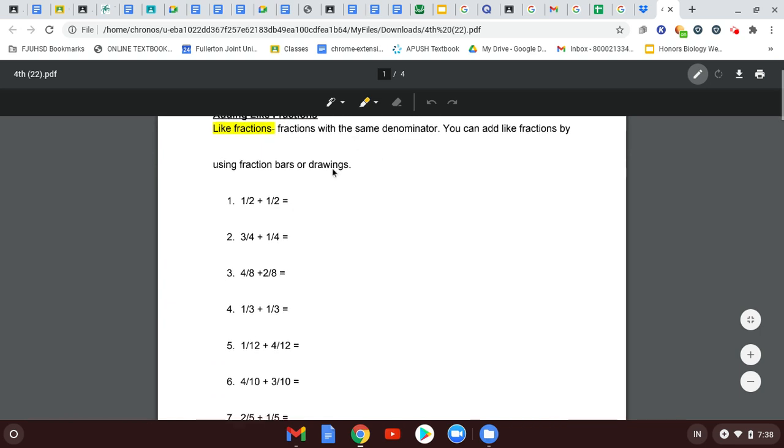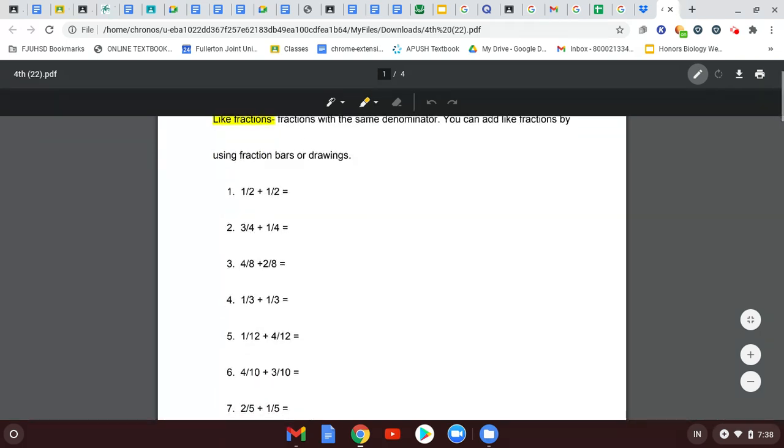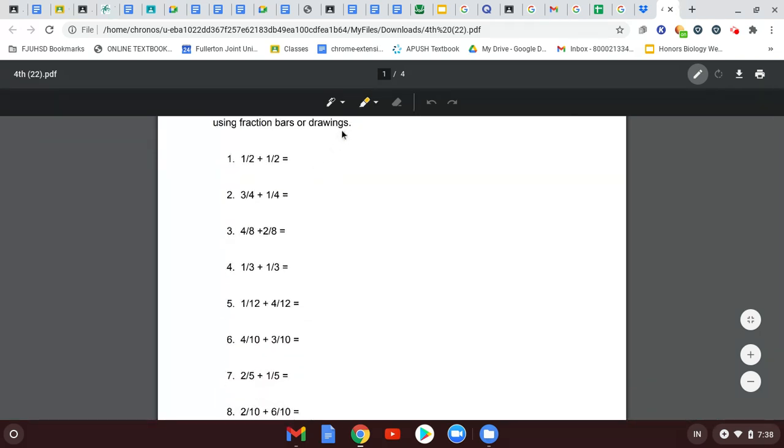Okay, so first, we are going to be adding fractions. So 1/2 plus 1/2 is 2, right? Okay, and the reason why is because, say you have 1/2 of a pizza. So that's half of a pizza.